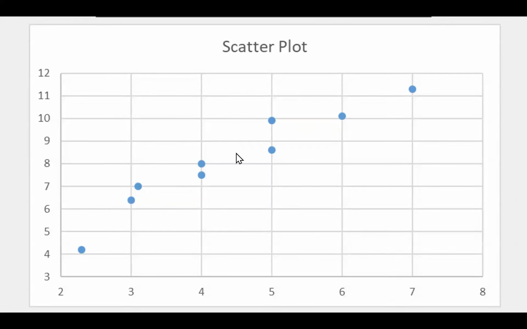So if I look at this example, this is a very nice scatter plot, and the points are in a pretty straight line. They're not exactly in a straight line, but they're close to a straight line. So I would guess that's going to be close to either -1 or 1.